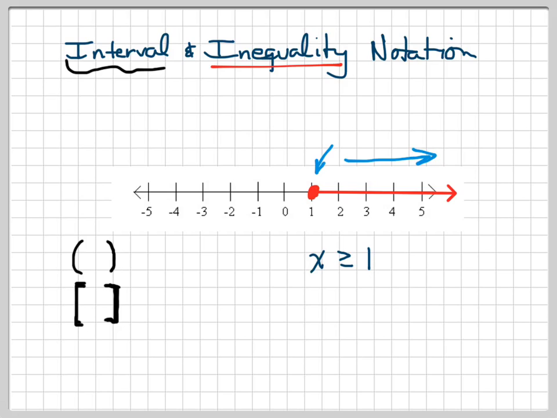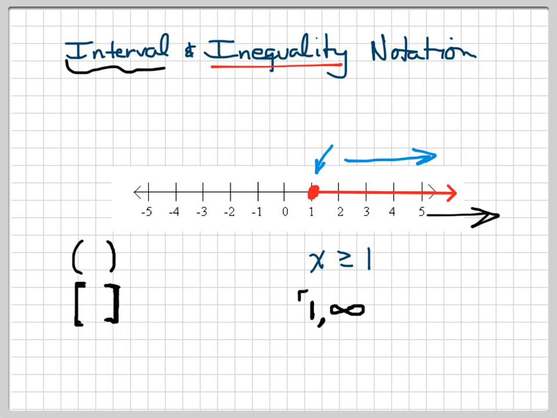For the numbers in this set covered by the red line, I would say, hey, this interval starts at 1, that's the starting point, and then you put a comma and you say how far it goes to. In this case, it goes all the way out here to forever, to infinity. And so we say that the interval the red line covers is from 1 all the way to infinity.